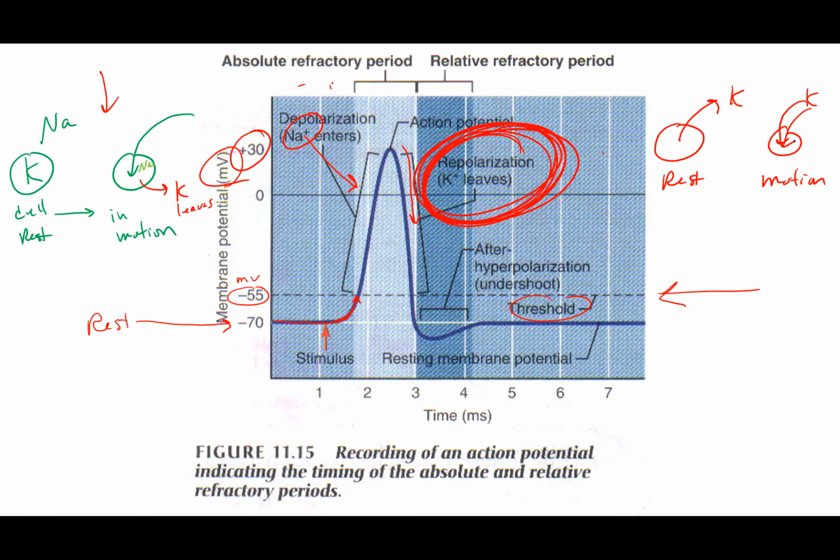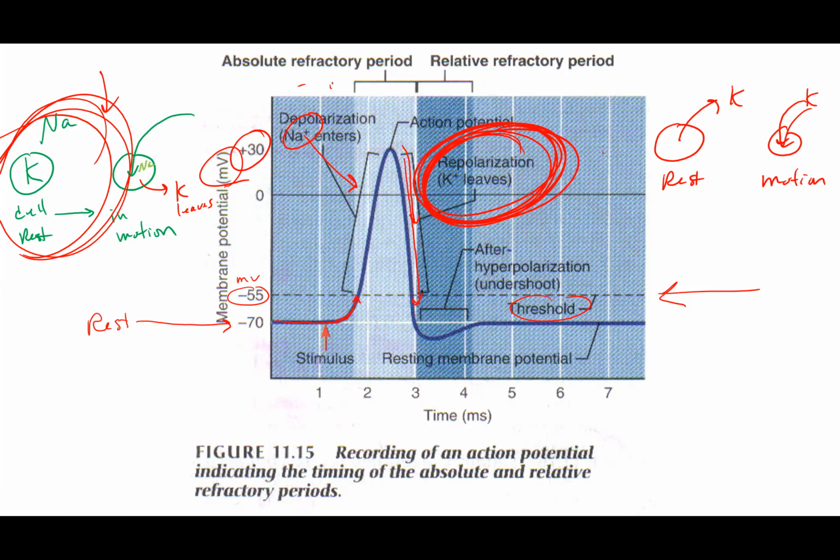And if that's happening, that means sodium is leaving, going back to the extracellular space. So it's going to its original position. Okay, so that's repolarization, and the electrical graph is going to decline.